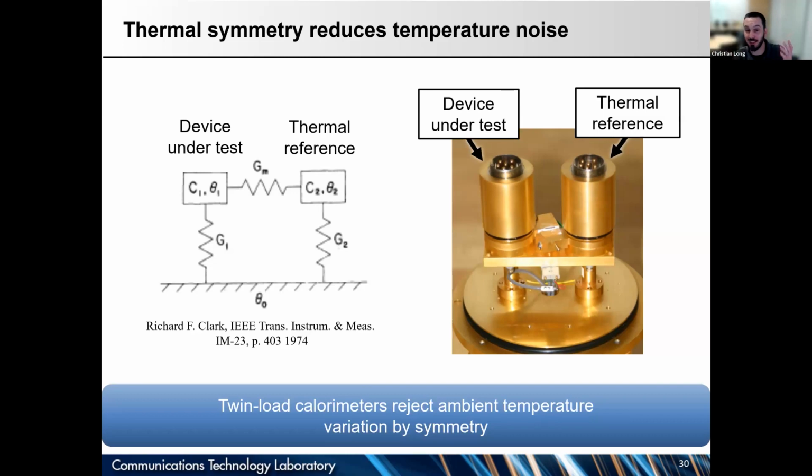One way we try to do that is by building a thermally symmetric circuit so that if ambient temperature changes, both of these power sensors that are in this meter are going to get warmer and cooler to the same degree as the environment gets warmer and cooler. And we only measure the temperature difference between them, or something proportional to the temperature difference between them. And that gets rid of some ambient temperature variation through common mode rejection. That's why there's 2 power sensors in here instead of just 1.